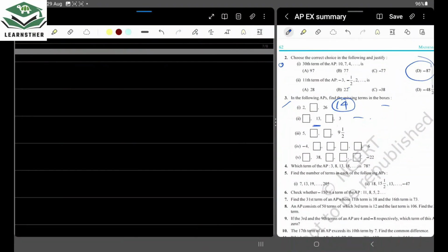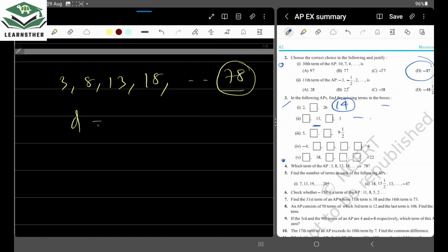Okay, see this question. Which term of the AP is 78? This is already an AP. Here the common difference is 8 minus 3, which is 5. a is 3.